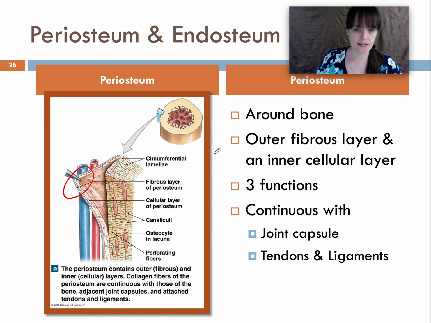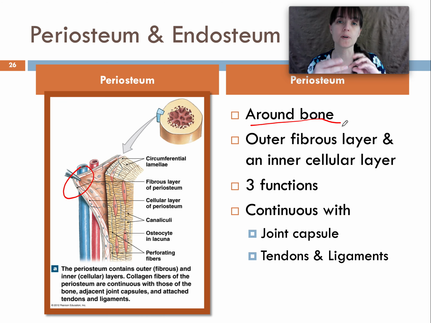Periosteum, as you can see here, goes around the bone. It's kind of like the wrapper around the Tootsie Roll. It goes all the way around the bone, around the outside, and has three functions. It isolates the bone.